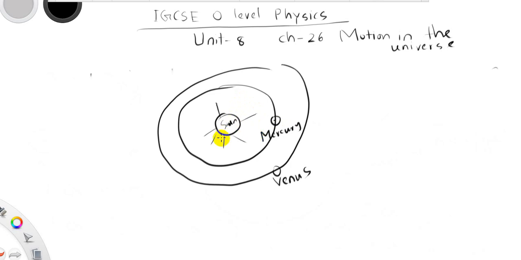So planet Mercury experiences more force than that of Venus. That's why Mercury feels the greater attraction, so follows the most curved path and its orbital speed is more.